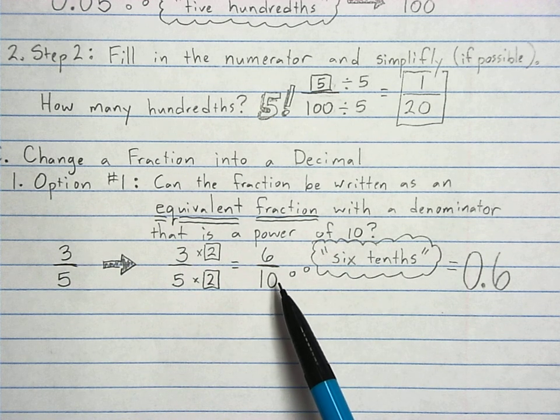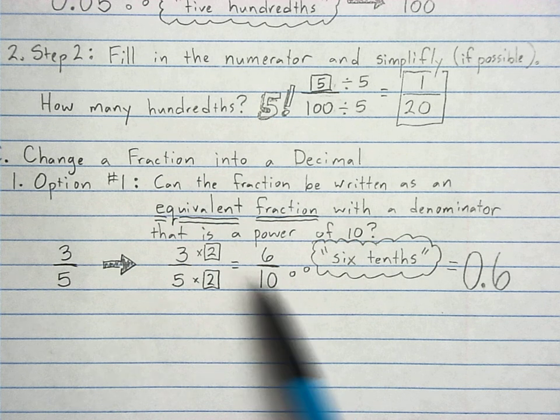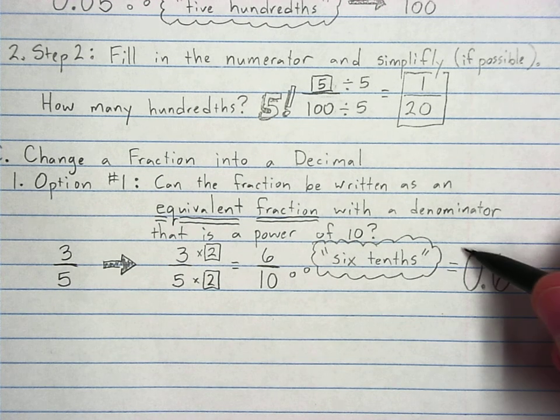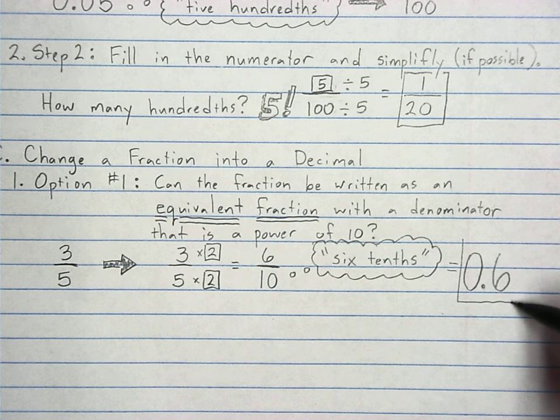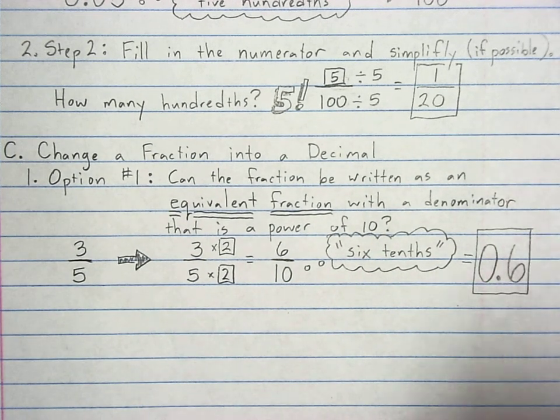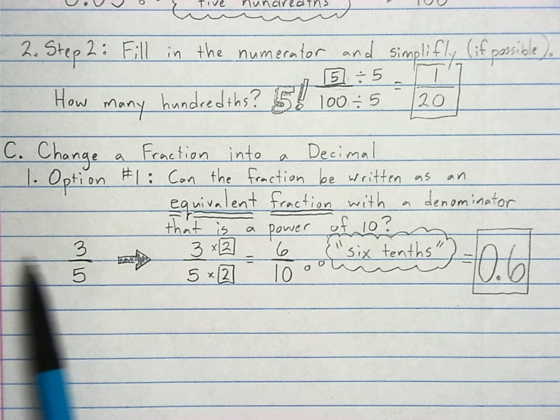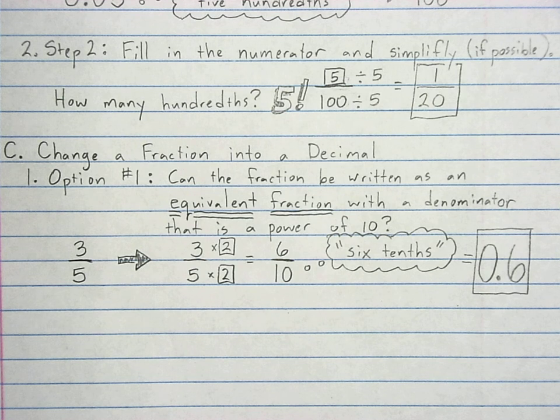Go as small as you can. Check 10 first. 3 over 5 becomes 6 over 10, and that gives us our value right here. If you have something over 2 or over 5, try to turn it into 10. If you have something over 20, 25, 50, try to turn it into 100, and so on.